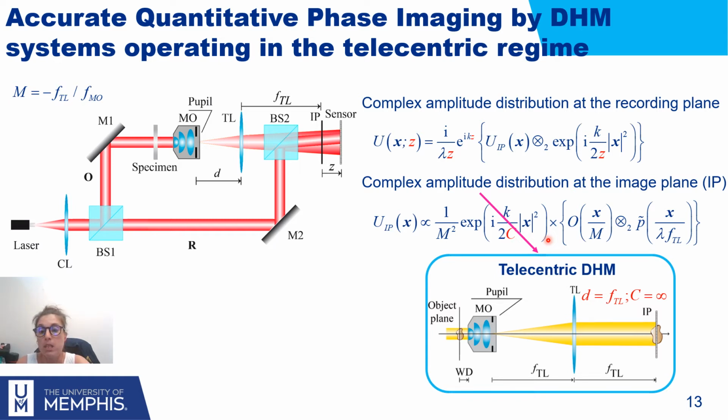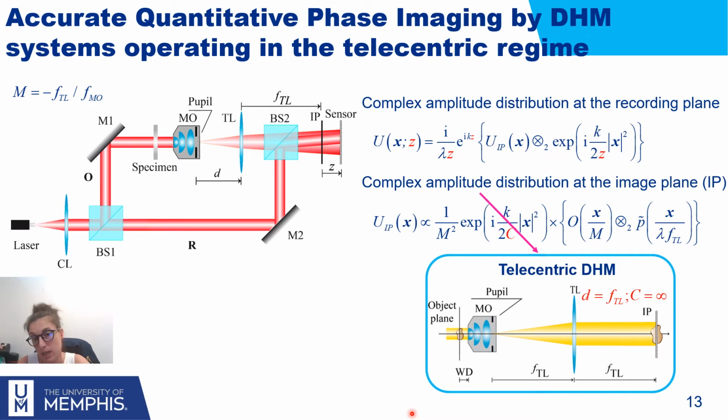So what that means is that the pupil plane of the microscope objective lens coincides with the front focal plane of the tube lens. So you illuminate your object with a plane wave, and after the tube lens you have another plane wave.